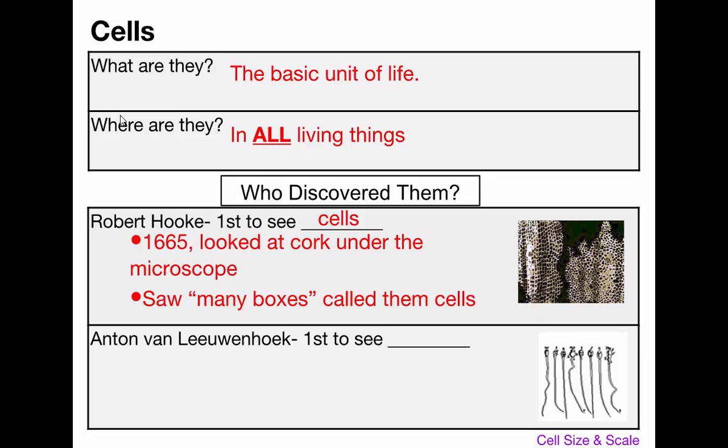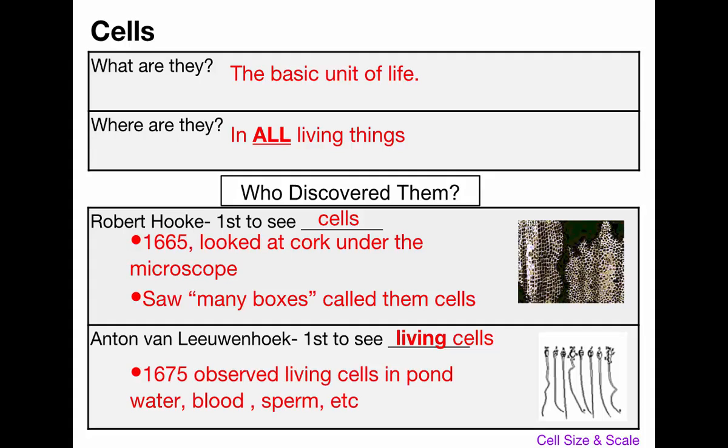It was another scientist, Anton van Leeuwenhoek. He was the first that's credited with seeing living cells because the cells in the cork were not alive. Leeuwenhoek was doing his work a little bit later than Robert Hooke.